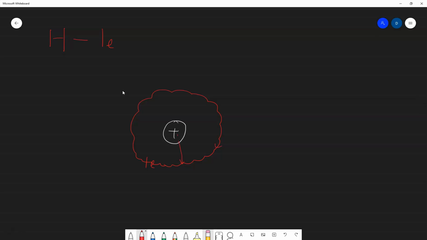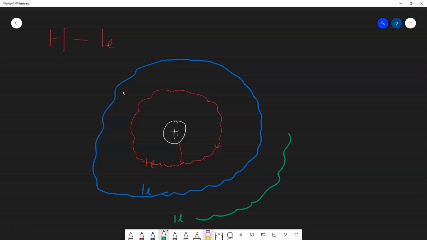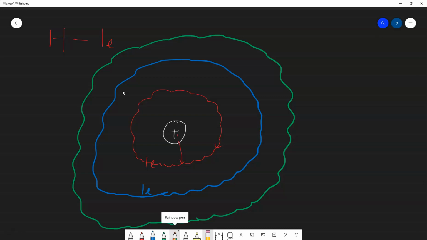Is it here, or will this single electron be this far away from the nucleus, or will it be somewhere here and going round the nucleus, or is the single electron very close to this nucleus and going very close to the nucleus? Now which of these 4 scenarios is correct?